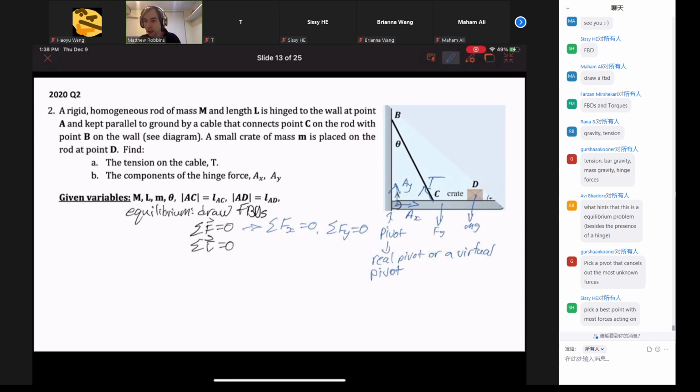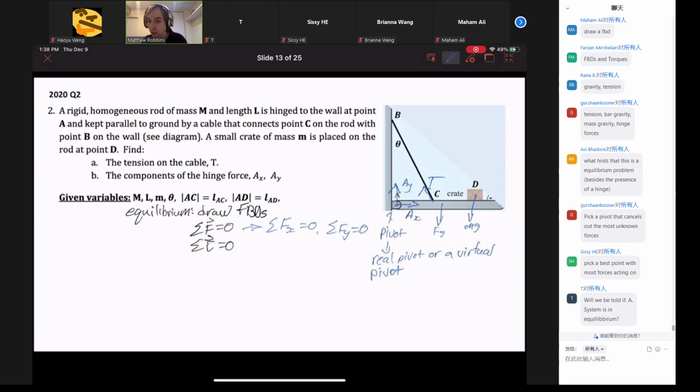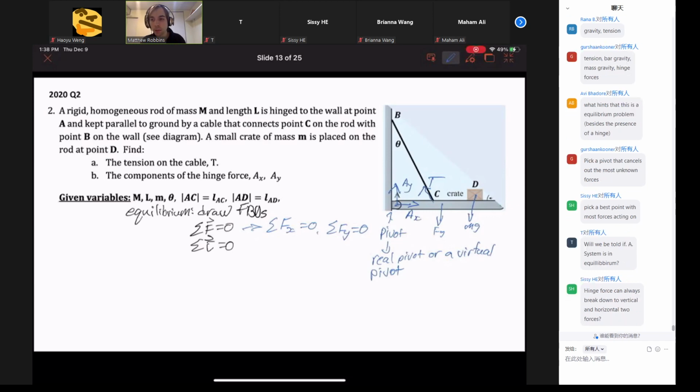Yeah, so then there's a question, will you be told if the system is in equilibrium? Before answering that, I want to remind myself of the specific wording of the problem.